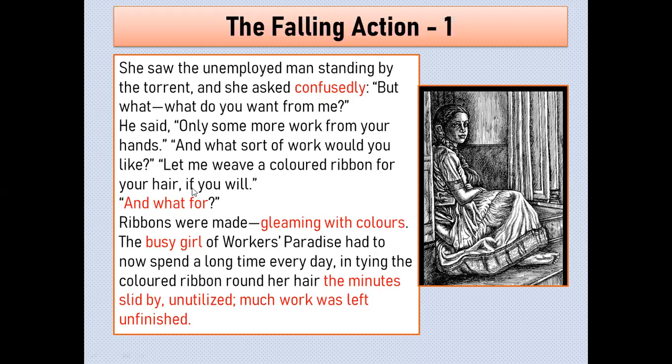So these lines tell us that the man's influence is so profound, so great on the girl that she has changed. She is no longer the same person that she was before. Now she's spending a lot of time looking at the paintings and tying colored ribbons in her hair. And so a lot of work is also left unfinished.